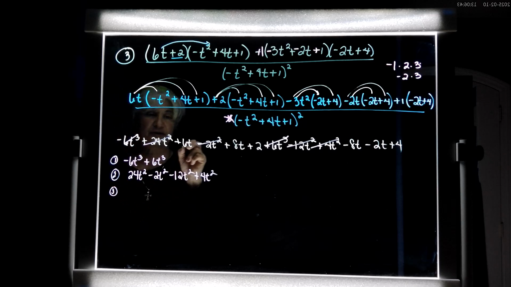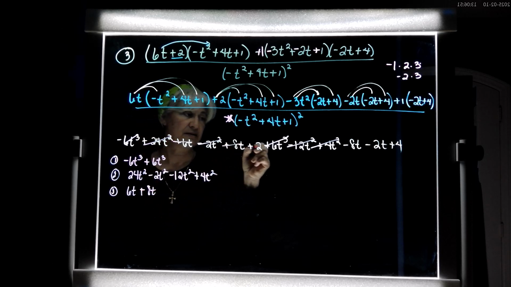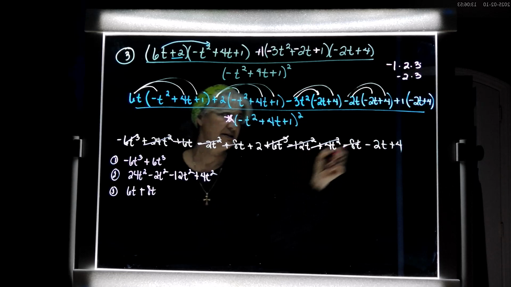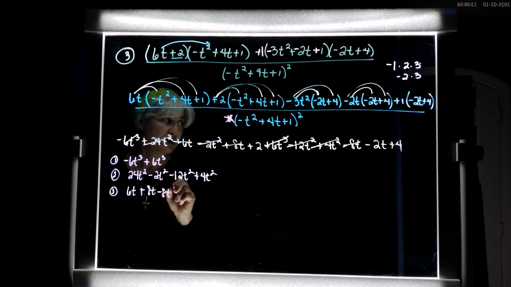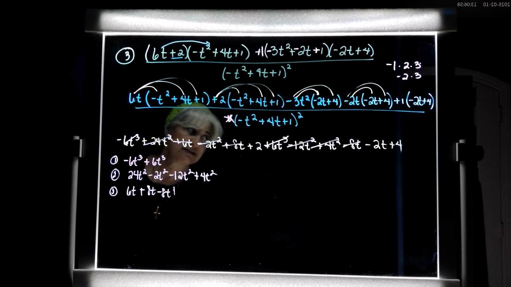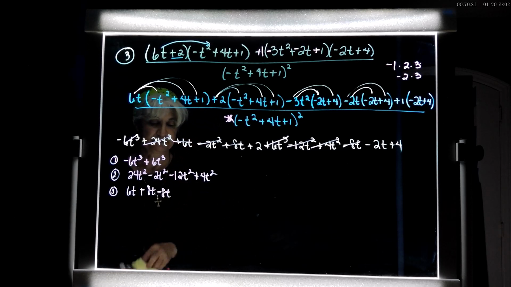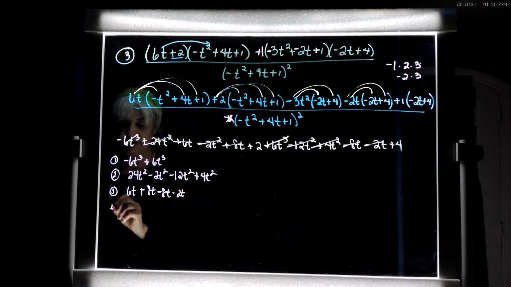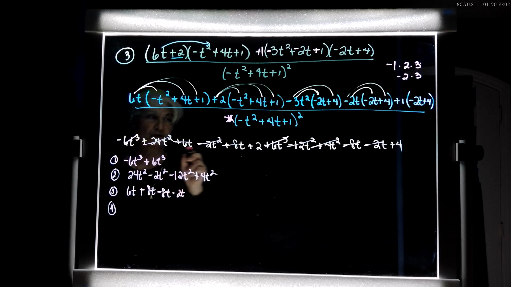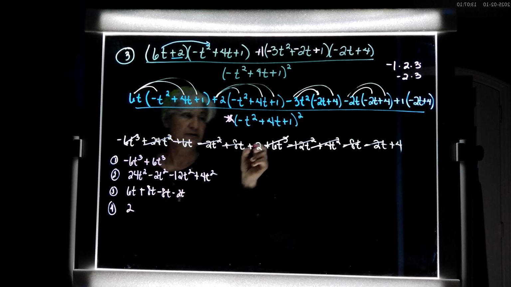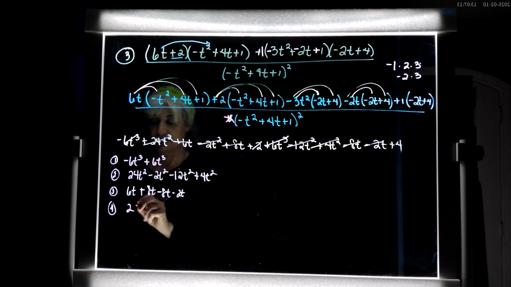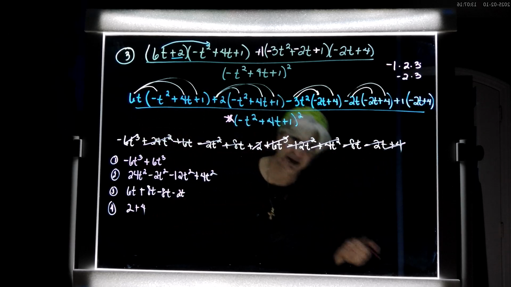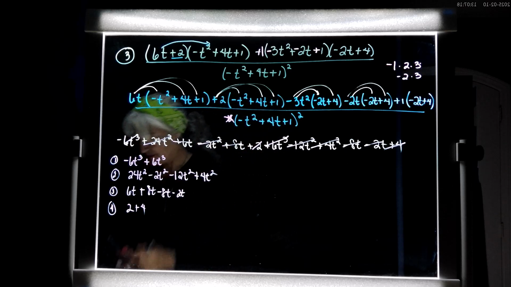The next descending order is t to the first, so I have 6t and a +8t and a -8t and a -2t. Okay, and then last but not least are those constants. So we have a +2 and we have a +4. Everything's crossed out, so I got all the terms. All right, lovely.